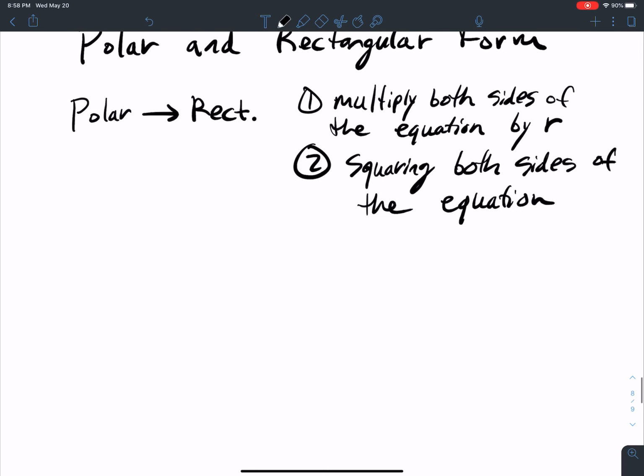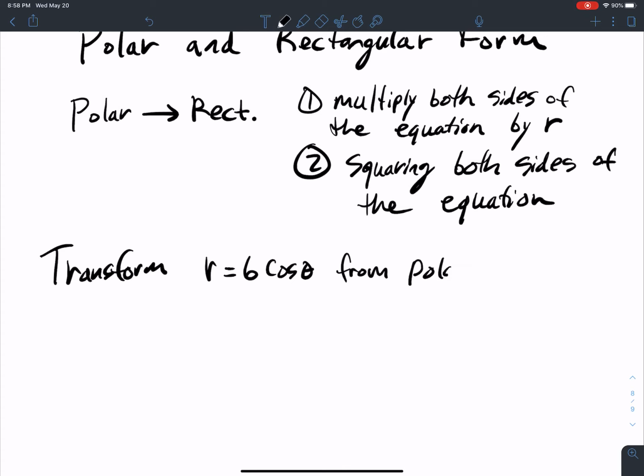Okay? So I'm going to transform first r equals 6 cosine theta from polar to rectangular, and then identify the graph.